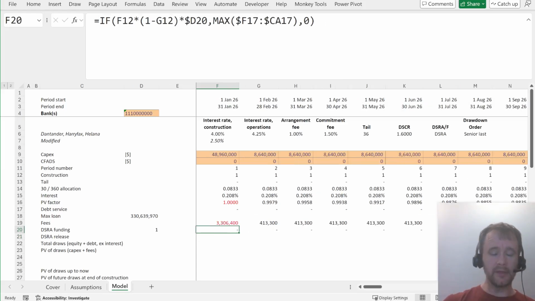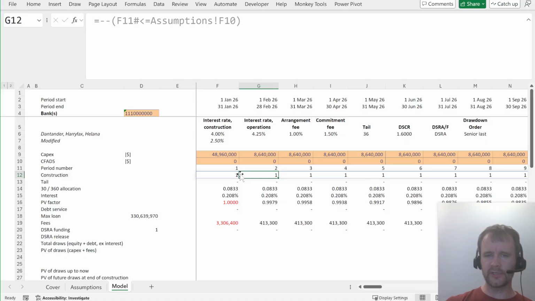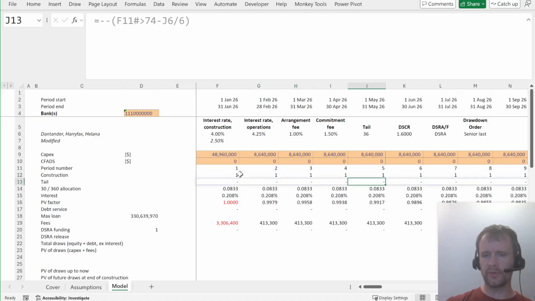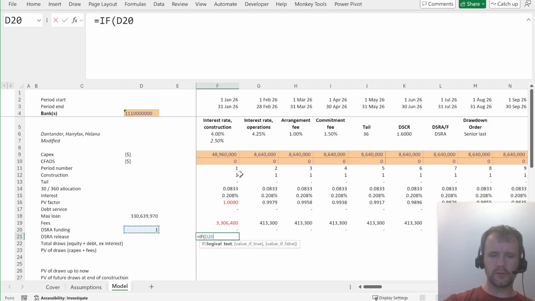So okay, then the debt service reserve account gets released at the end of the loan, meaning immediately before the tail kicks in. So similar to the logic for looking for when this transitions from a 1 to a 0, we're looking for when this transitions from a 0 to a 1. So we'll say if debt service reserve account times, so we have to not be in the tail, so 1 minus tail, but the next period has to be in the tail.